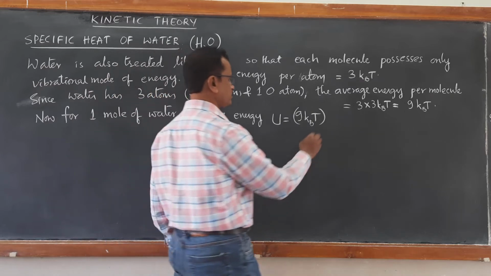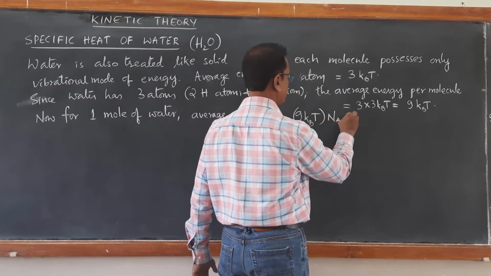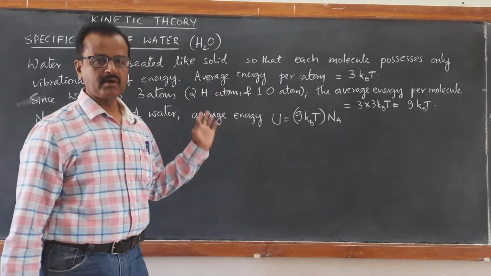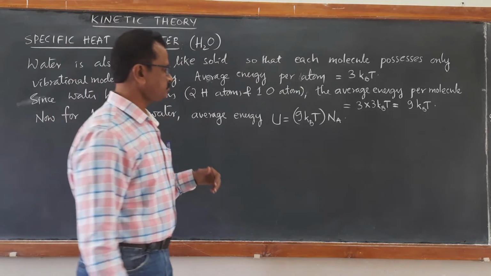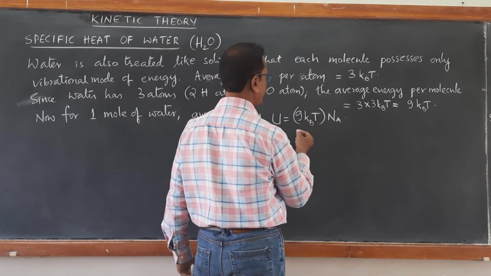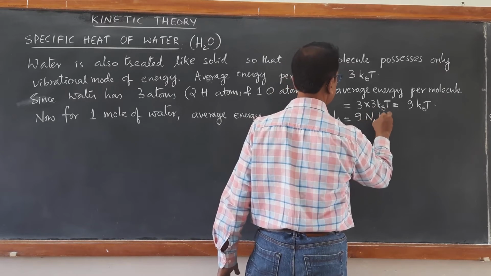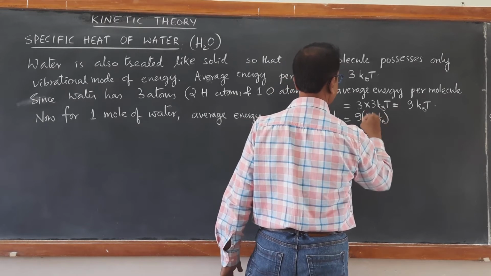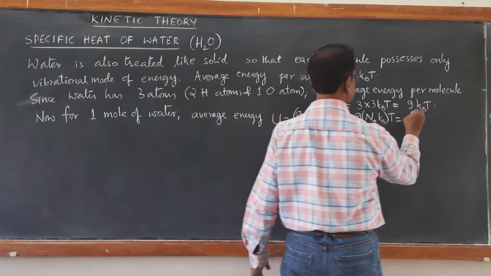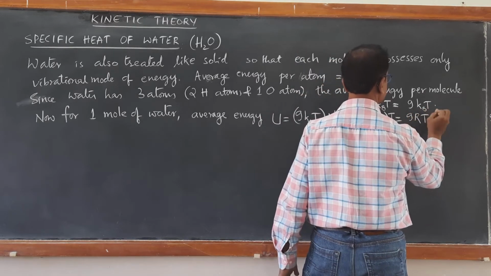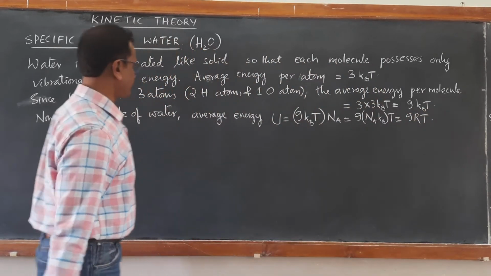The number of molecules in 1 mole is the Avogadro number, so it becomes 9 NA kBT, which becomes 9 RT.